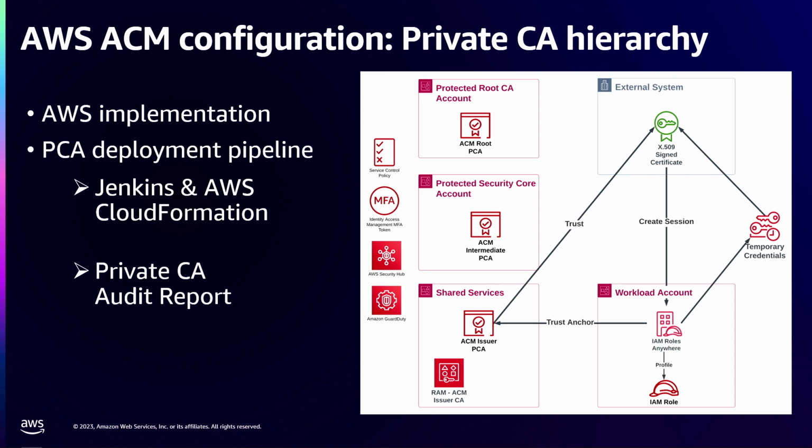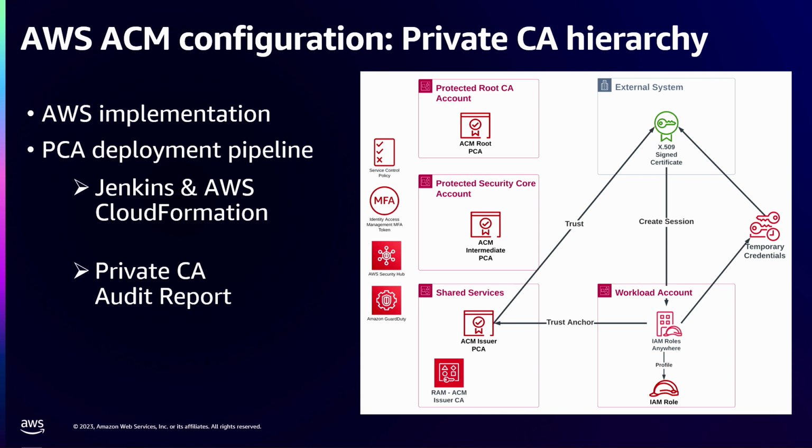Only the security team has access to that, and a small group of our security team at that, right? This account is heavily protected with service control policies, MFA, of course, on the root user, GuardDuty, Security Hub. It's all enabled in that account, and it's really locked down. Nobody's really allowed to do anything in there.